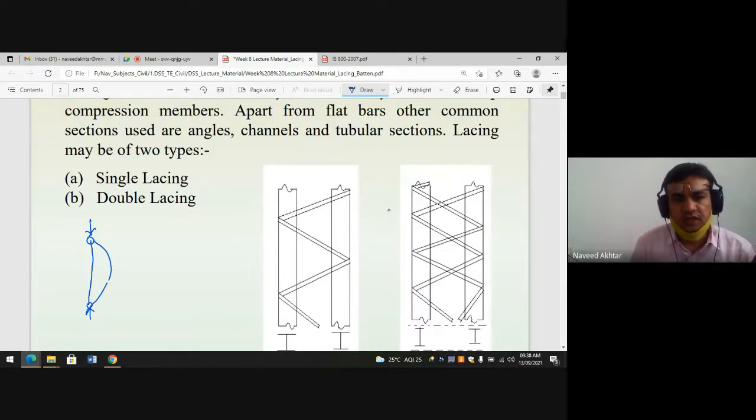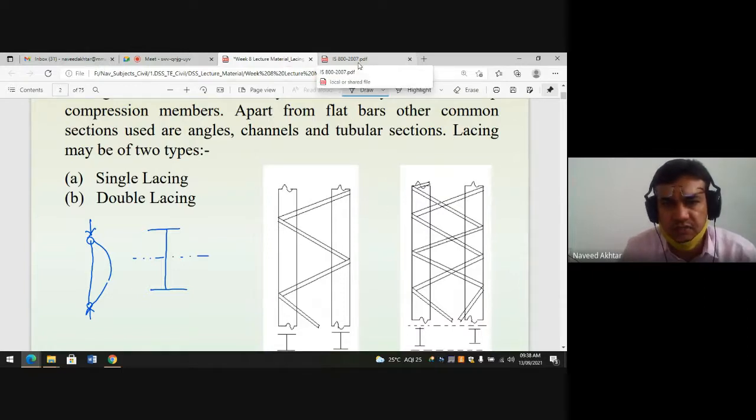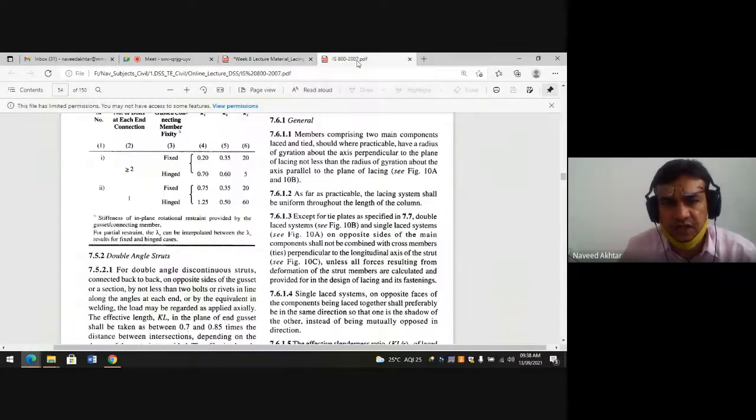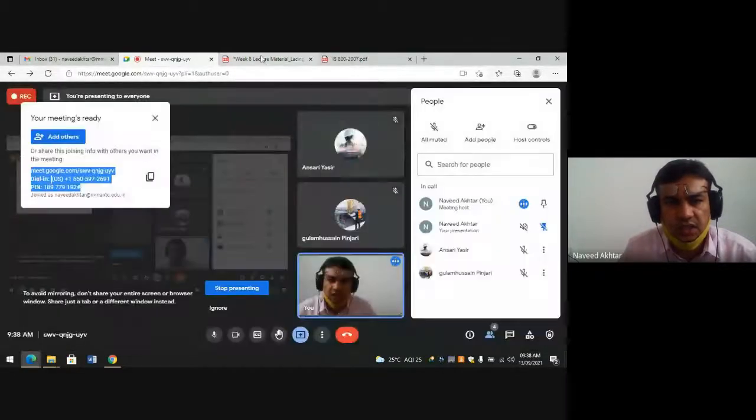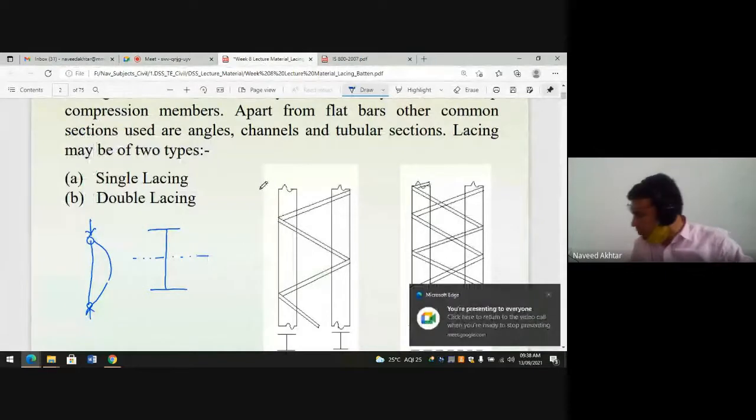Okay. So generally, for a single rolled steel section, such as an I section, the buckling depends on the radius of gyration of the column, and the radius of gyration depends on the moment of inertia.